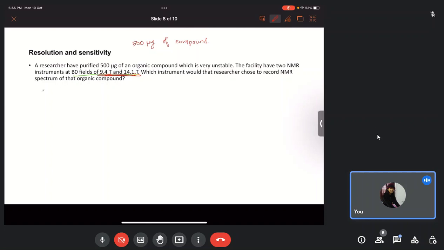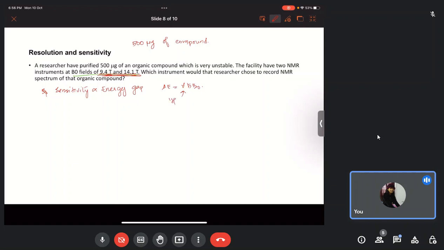We had seen in previous slides that sensitivity is directly proportional to the energy gap, right? And delta E is gamma h-cut B naught. And we are going to measure it for proton.